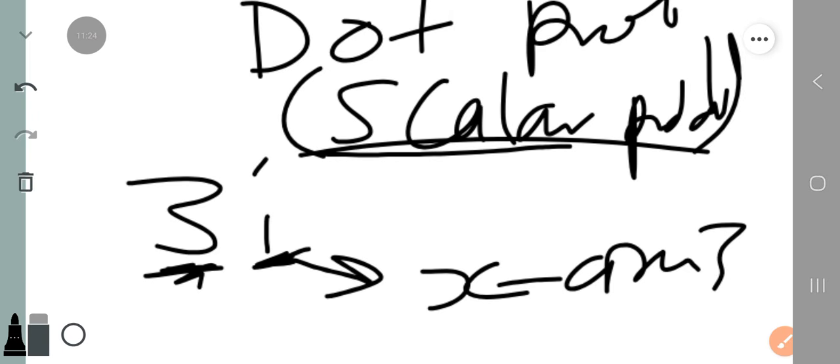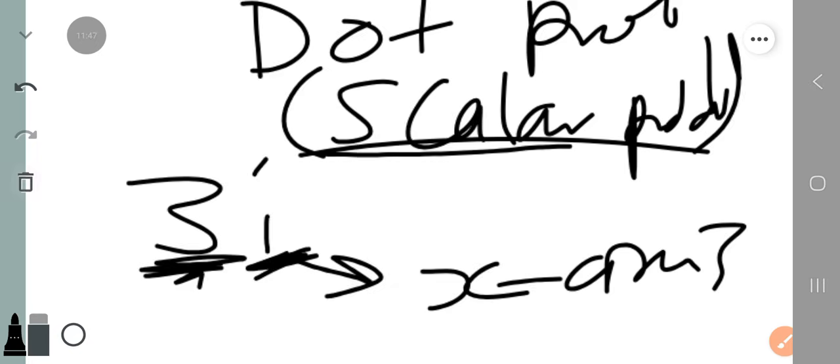And this is the result of a vector product or cross product. But with dot product, when you multiply the 2 vectors, the answer that you get is a real number and not a vector. A vector has a number and a unit.